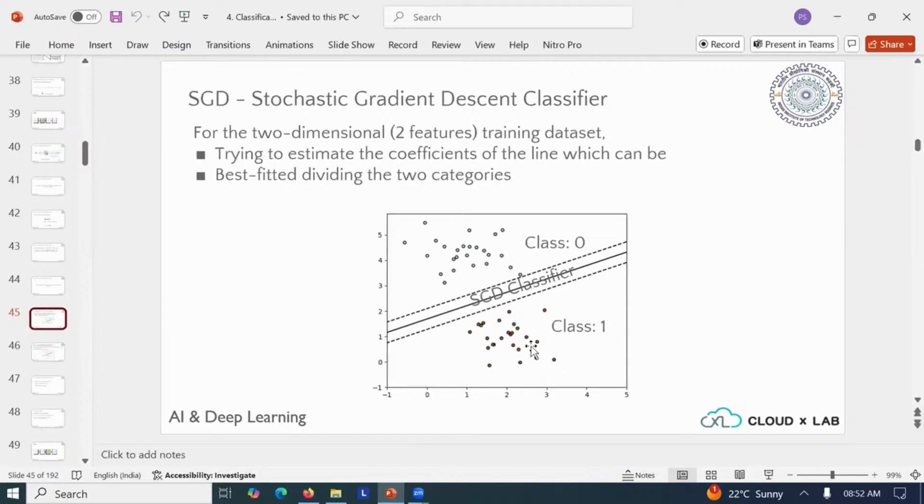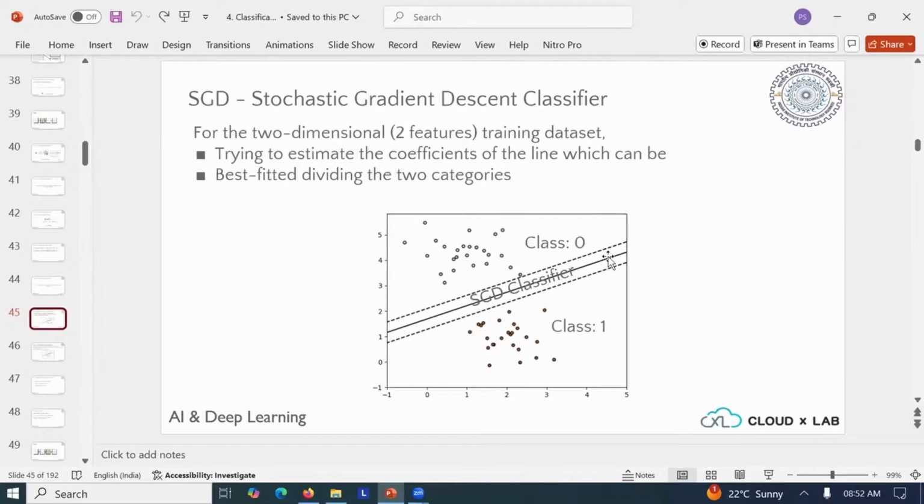So here we are deciding the class by using this line, this boundary. If you put this point in this line, what value will we get?